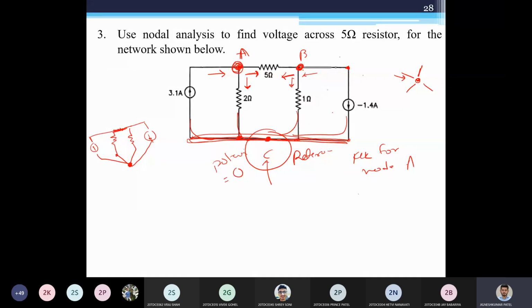Let us say this is current I1, this is current I2, current I3 is going out, and current I4 is going out. Let us say inward is positive. So I1 is inward, positive, I2 is inward, positive, I3 going out, I will consider it as negative, I4 negative, and the sum is 0.